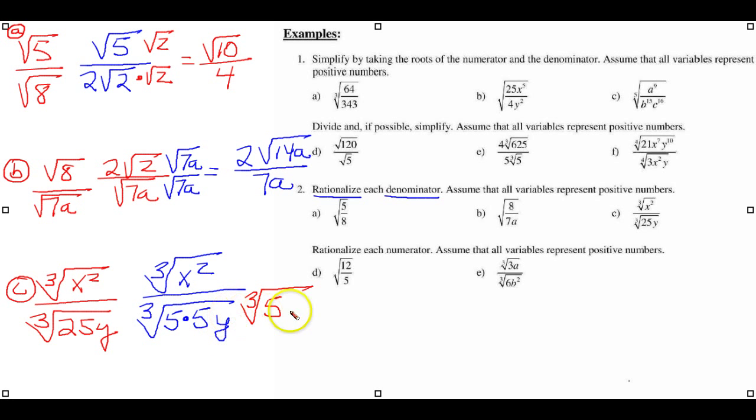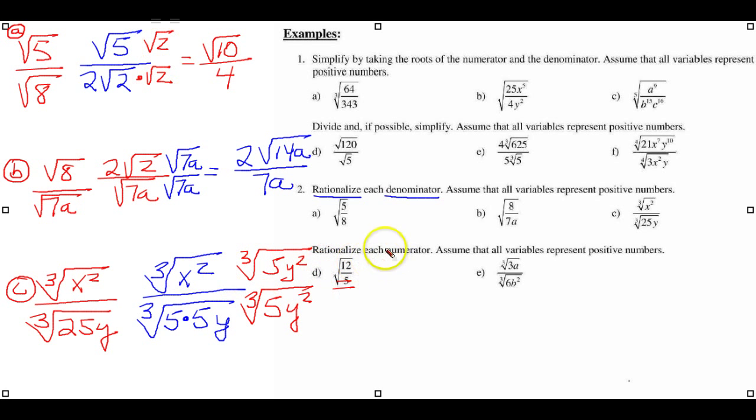And we have y to the first, so we have to multiply this by y to the second. And what we do to the bottom, we have to do to the top. Remember, this is a 1 here. These are all 1s.